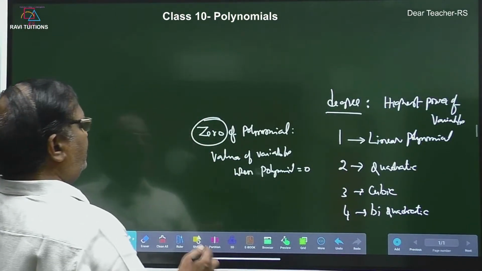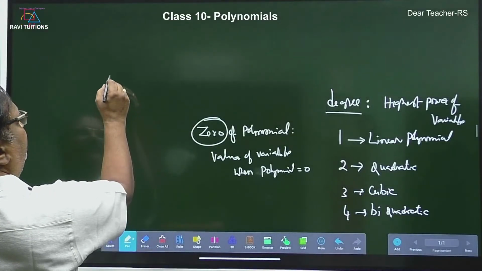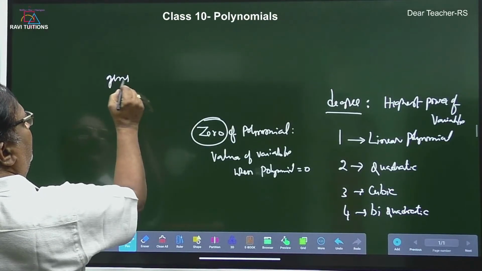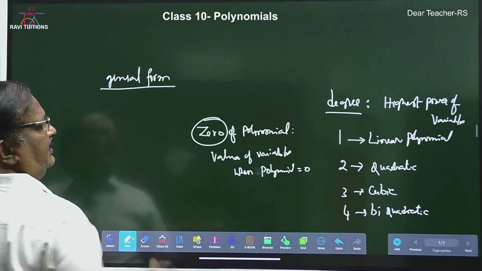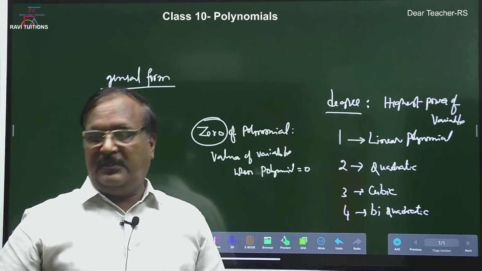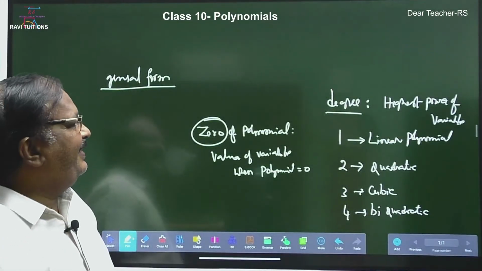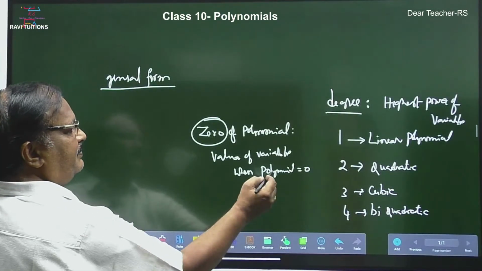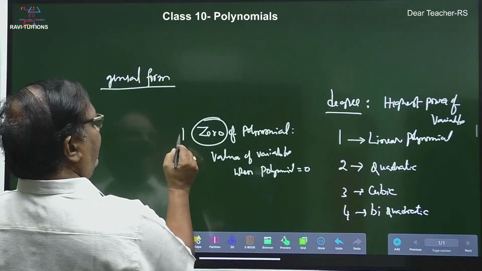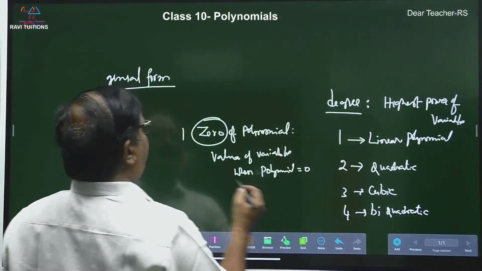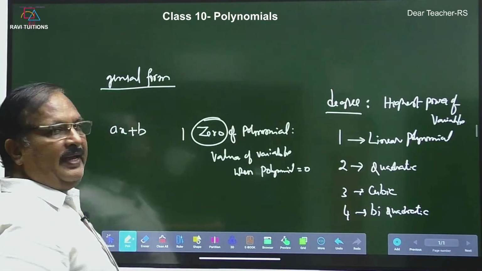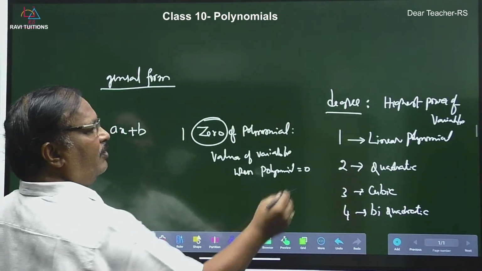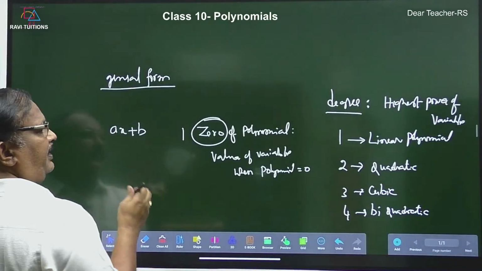Now we should know the general form, or standard form, of polynomials. For example, for a linear polynomial it is ax plus b. Ax plus b is the general form of a linear polynomial.